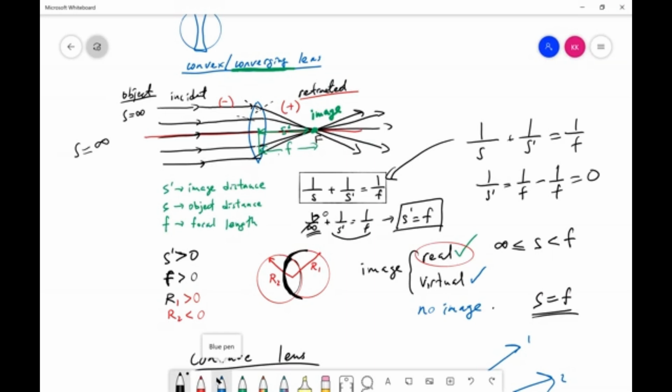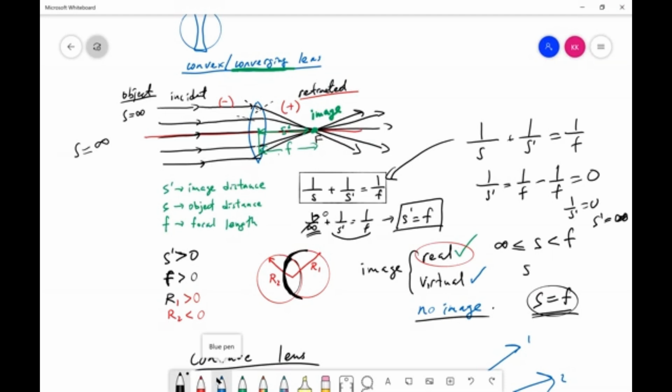Then 1 over s prime equals 0, which means s prime is infinitely far away or undefined. That means you can't find any image. Its image is at infinity. So when the object is placed at exactly the focal point, you will see no image.